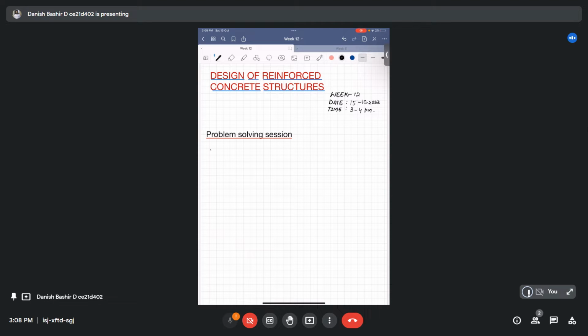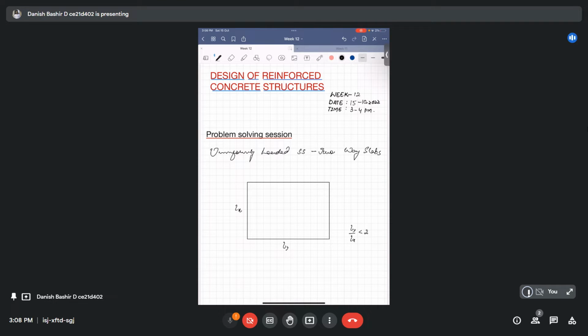Uniformly loaded, simply supported two-way slabs. Consider a rectangular slab like this, with Ly as the longer dimension and Lx as the smaller dimension, such that its aspect ratio Ly by Lx is less than 2.